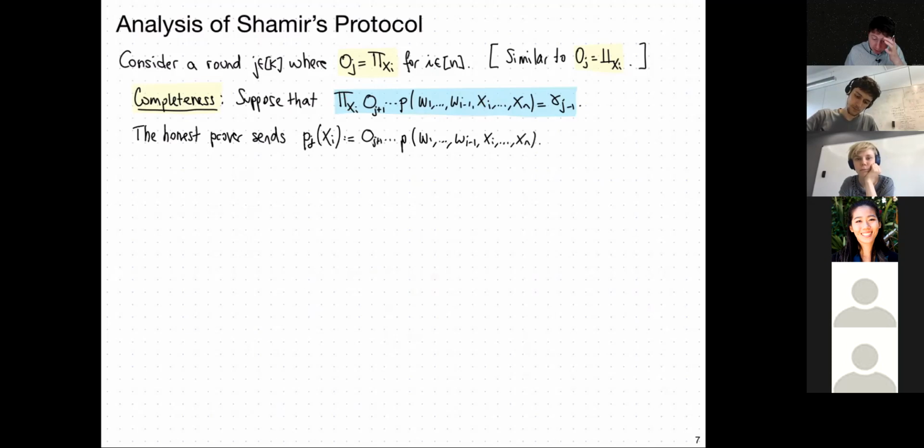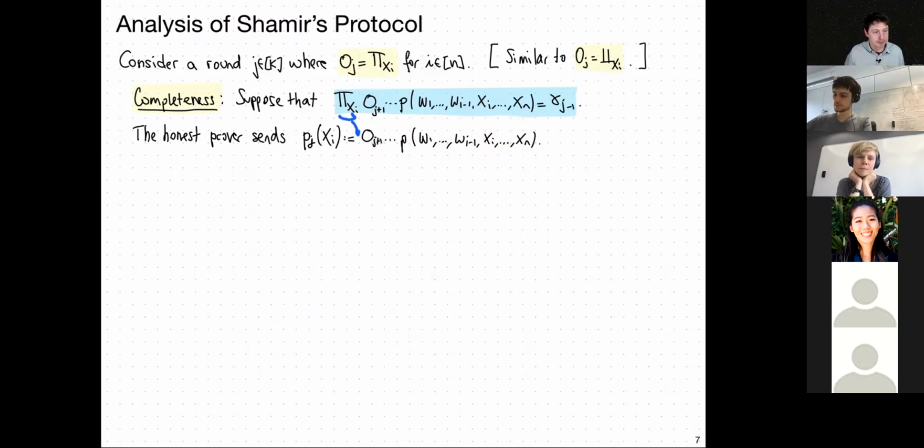So the honest prover is going to send this expression, but for this one, it's going to remove it. It peels off the operator, and the honest prover is supposed to send whatever polynomial this is. Now, what is that polynomial? Remember that all the other variables are knocked off by other things here. So this is a univariate polynomial in xi.